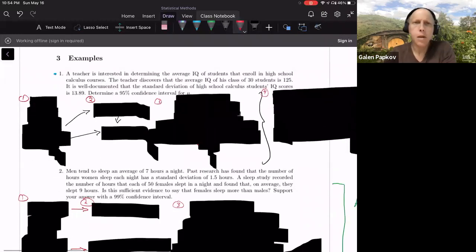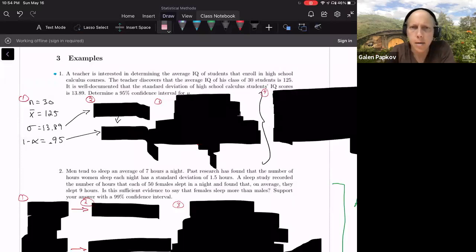Now this problem will likely look familiar because it was on the notation lesson. So we've already read through it and we've practiced figuring out what information is given and the appropriate notation for that. And that's step 1, in my opinion, is to read and comprehend what you're reading, figure out what information is given, and assign appropriate notation.